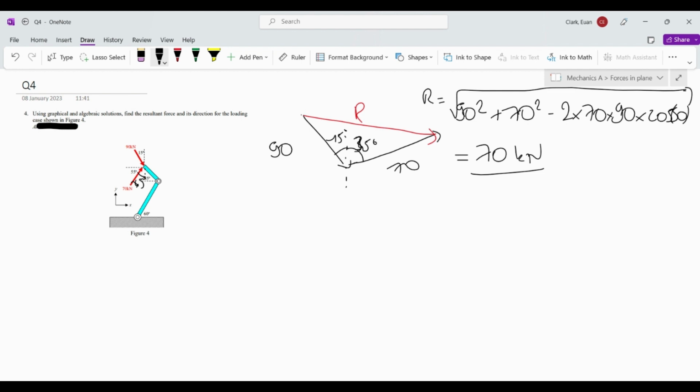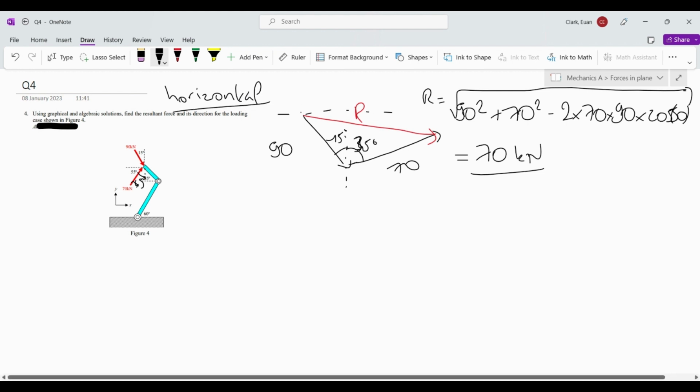And now we want the answer for the horizontal. Again, it's not really written correctly in the question. We want the angle between the horizontal here, which we can call alpha, and so this means that here is also alpha.